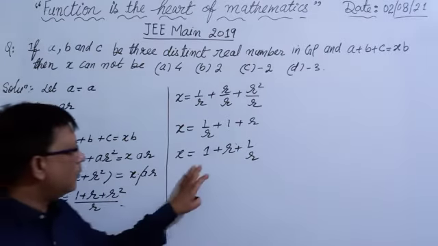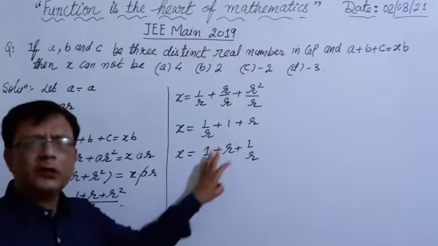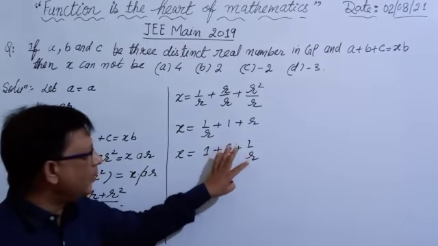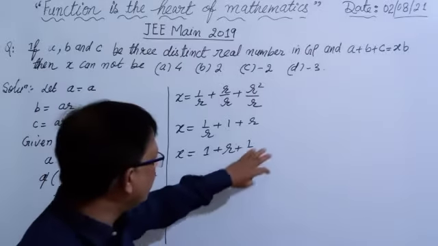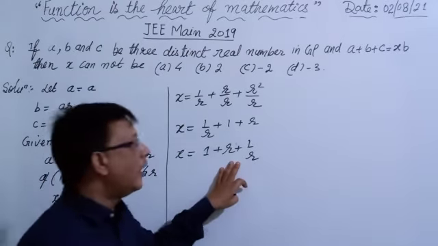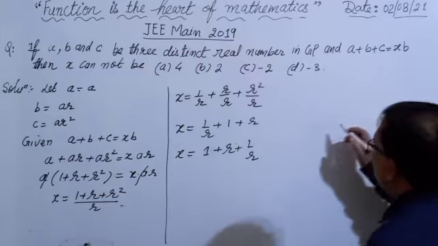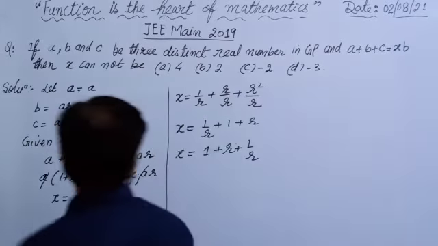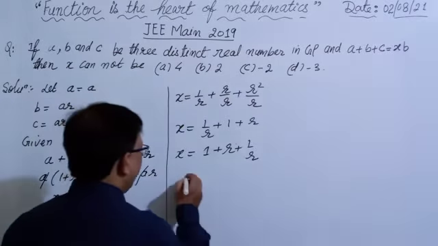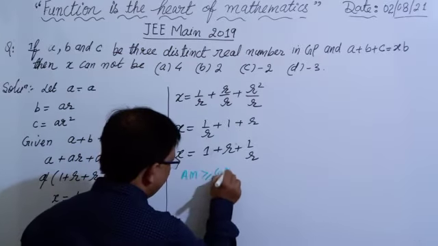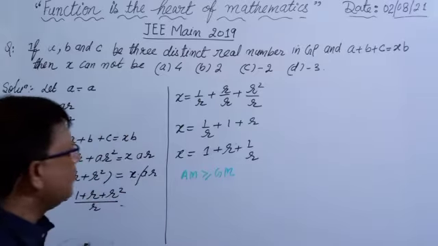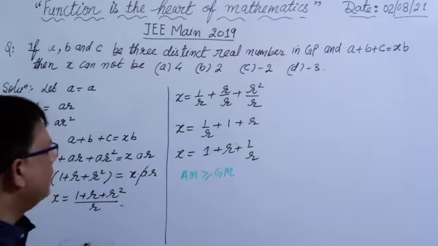So by using the AM-GM concept, we find the range of this value. We know that AM is greater than or equal to GM.